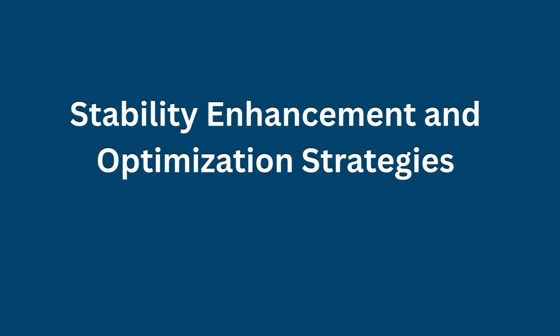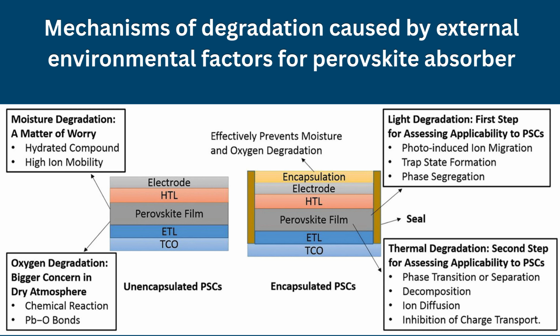Stability enhancement and optimization strategies. Material and interface engineering. Enhancing PSC stability requires controlling perovskite composition, morphology, and interfaces. Additive engineering and defect passivation reduce recombination losses and improve environmental resistance. Interface engineering, including the introduction of interlayers and surface treatments, enhances charge extraction and suppresses degradation.